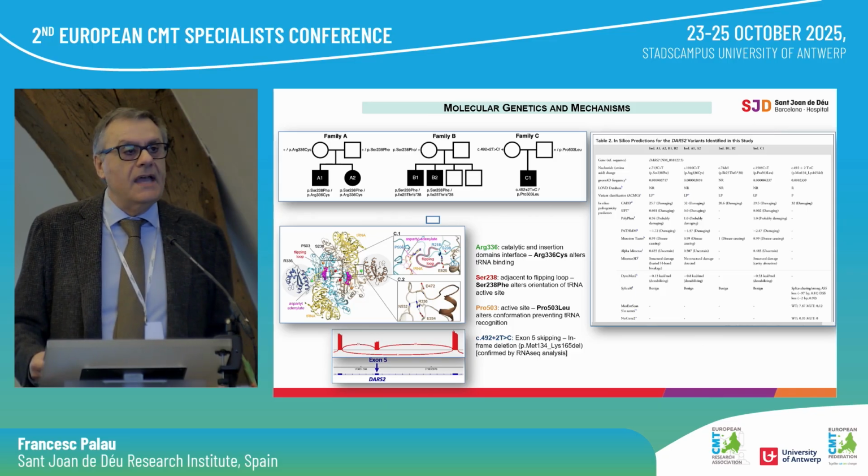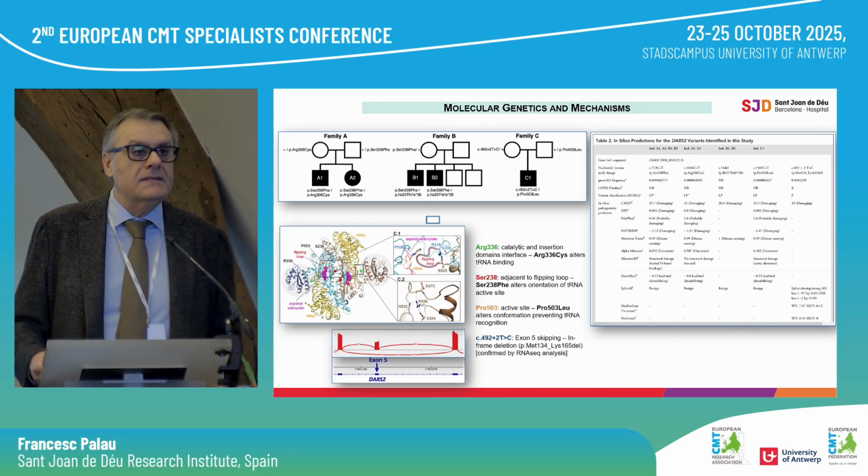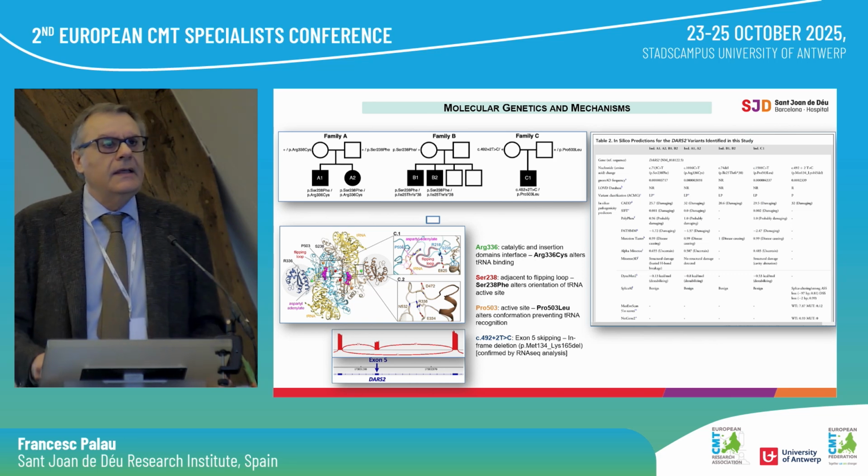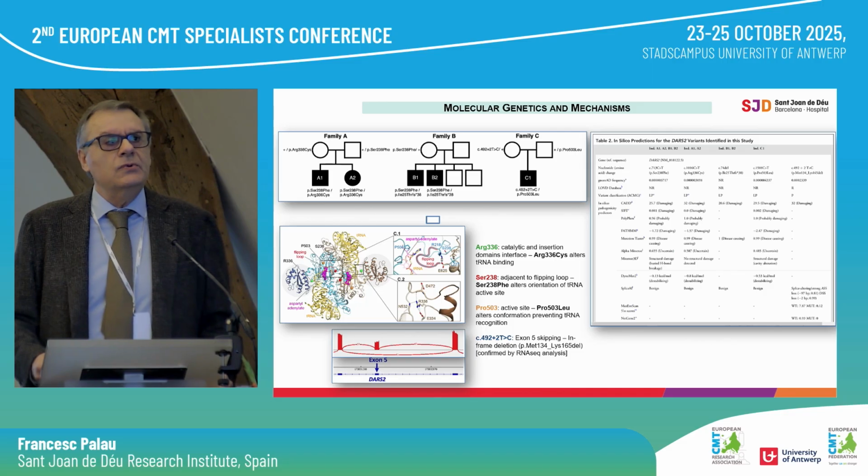The patients have the same mutation on serine 238, and also a French mutation that is pathogenic itself. And the patient from family C had one variant involving the splice site in exon 5, and also a missense mutation, proline 503 changing to leucine.